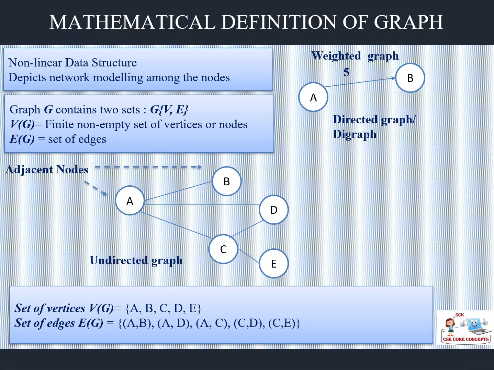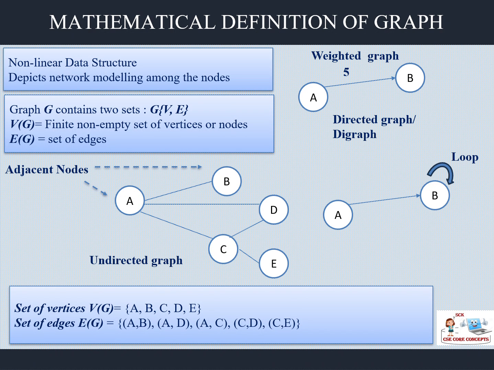The cost of going from one place to another I can mention on the edge, so based on that cost I can figure out my route, which route will give me less cost. So such graphs which have some weights on the edges are called weighted graphs.